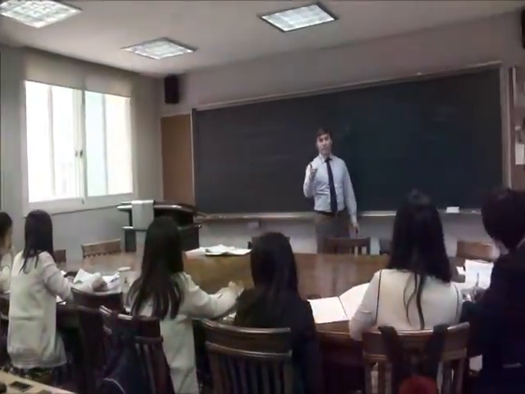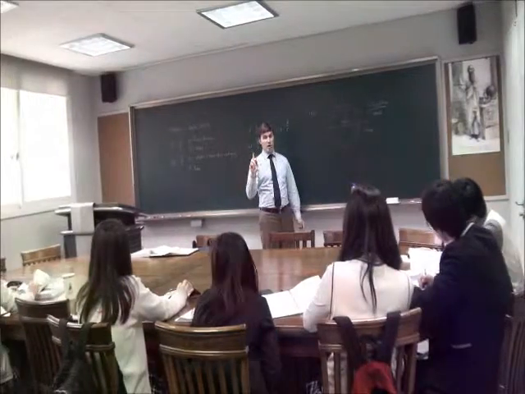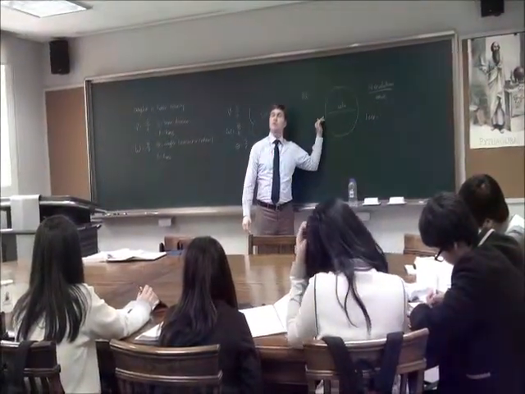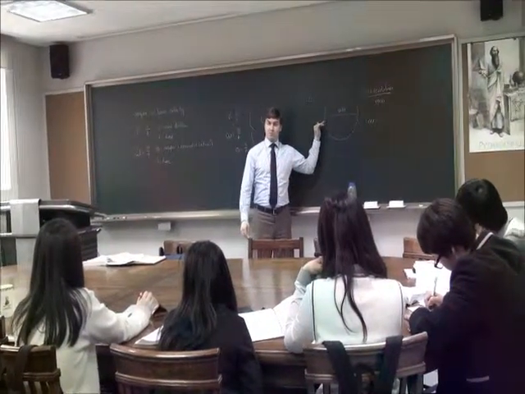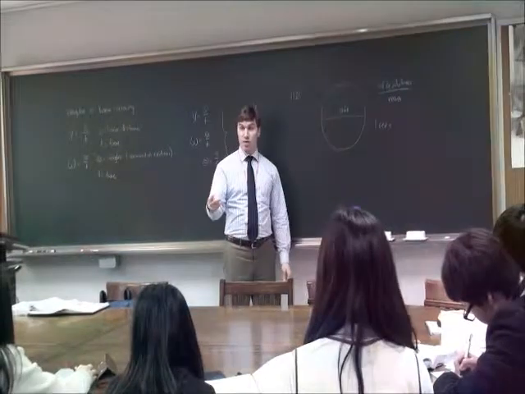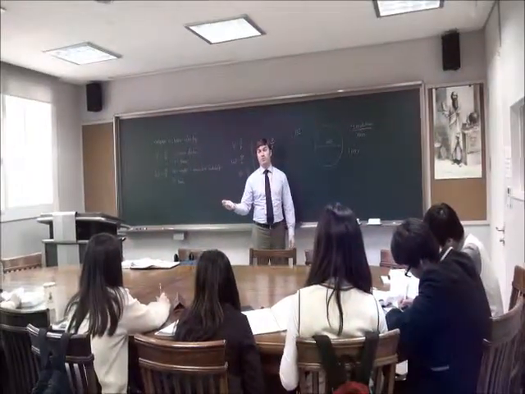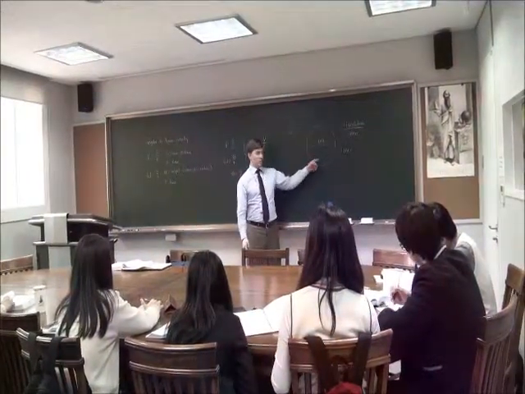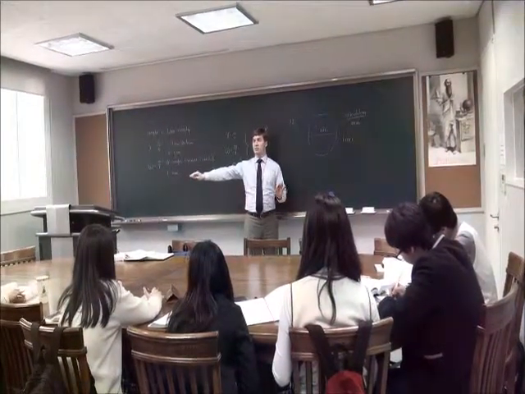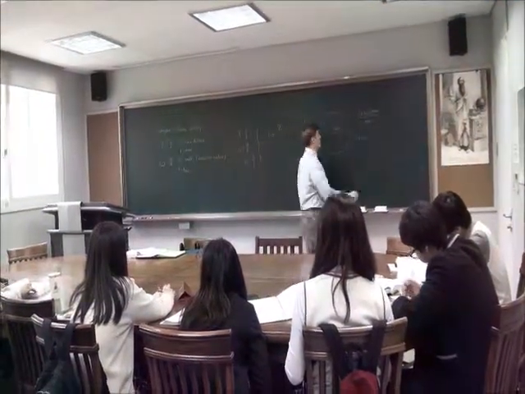What's the circumference of a circle? The circumference of a circle is pi times 2 times the radius, or pi times the diameter, right? So one trip around this circle covers how much linear distance? 50 pi feet.